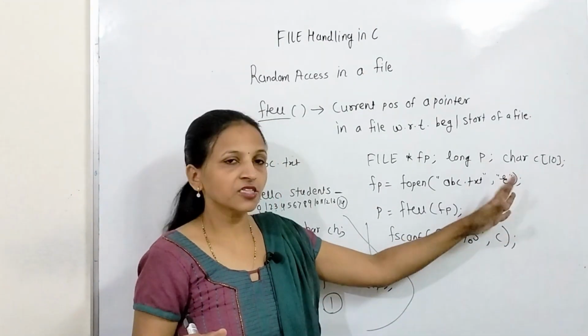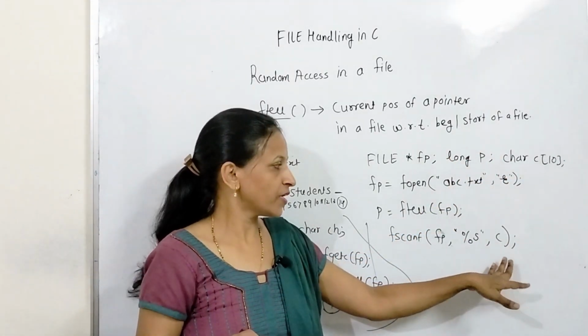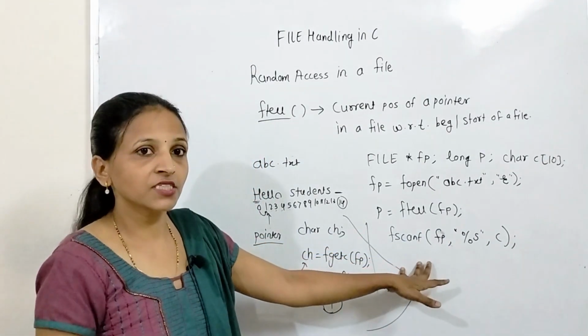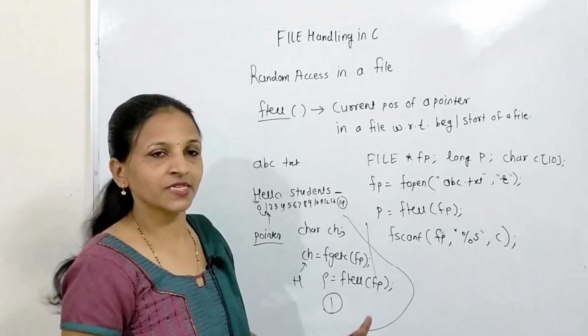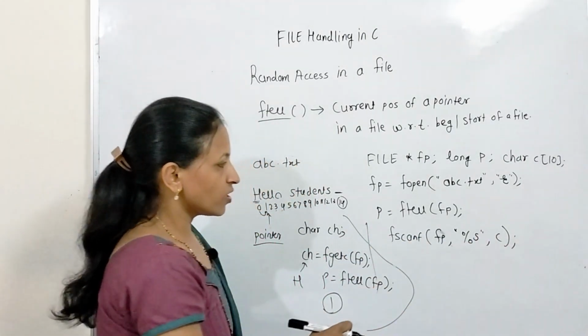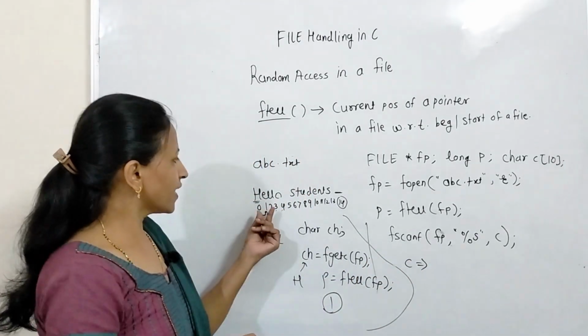If it is an integer or any other type, or a single character, then we have to put an ampersand before that variable name. But here we are reading a string. We have already seen the whole part about this fscanf function. Now see, whenever we call this function, if we display the contents of C, then we will get hello.